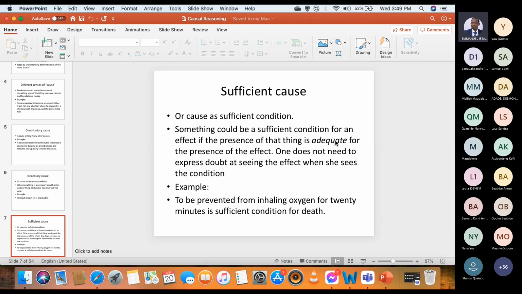So if something is enough for something else, then such a thing is a sufficient cause, not something that is necessary, but something that is adequate. Example, being prevented from inhaling oxygen for 20 minutes is a sufficient cause of death. So if you don't get to inhale oxygen for quite a long time, let's say 30 minutes, then it is adequate for you to die.